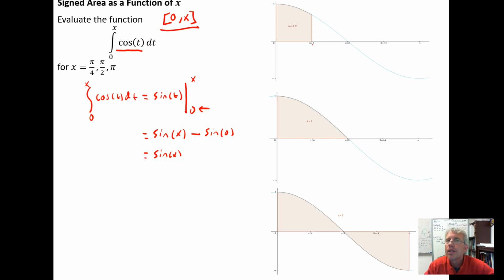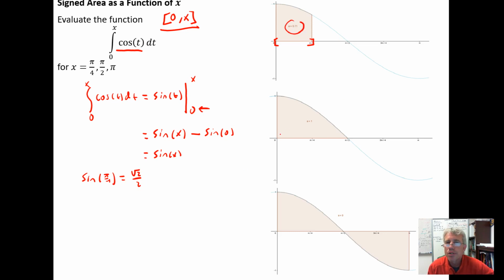So for example here, if I want the interval from 0 to pi over 4, I can simply plug pi over 4 into the sine function. The sine of pi over 4 is the square root of 2 over 2. And if you approximate the square root of 2 over 2 in a calculator, you get about 0.71 as the area.